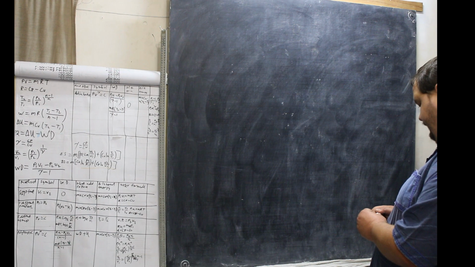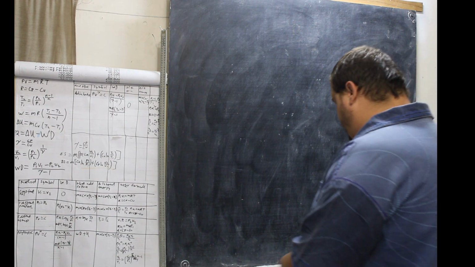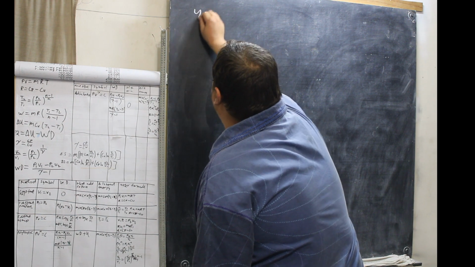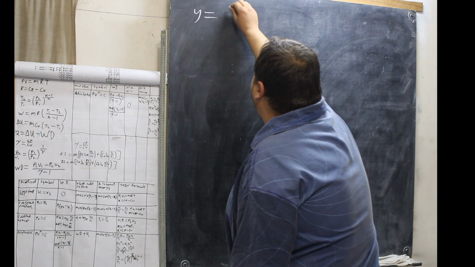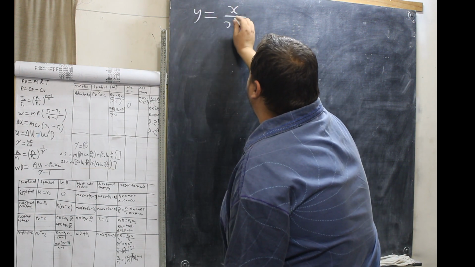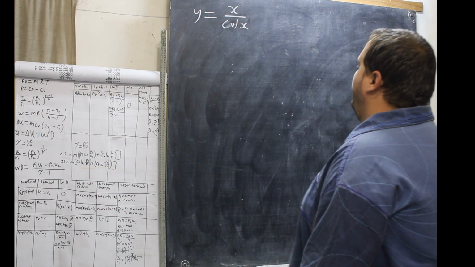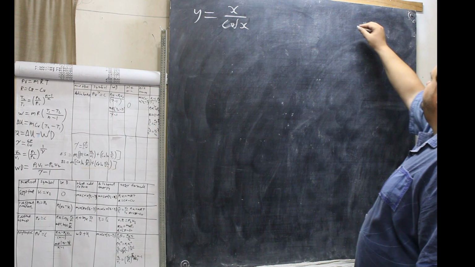Next we are going to cover the quotient rule. The quotient rule is y is equal to x over cos x. Now the formula here is a little bit different.